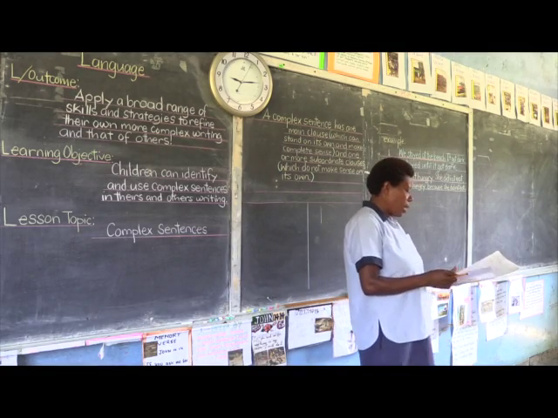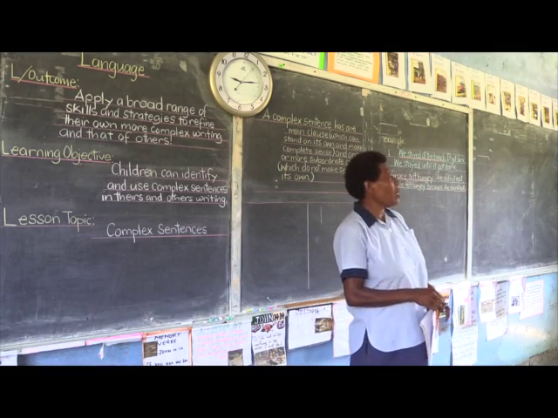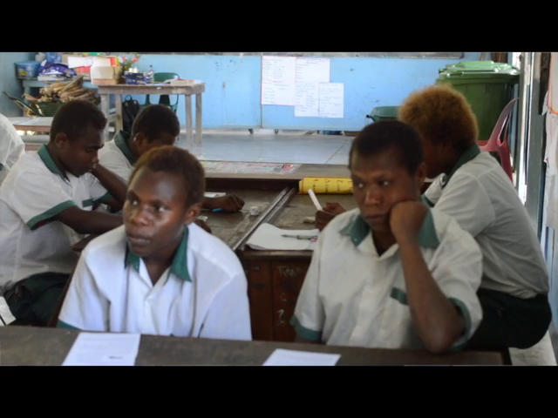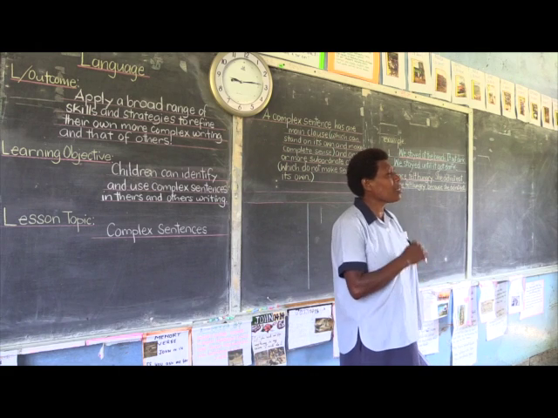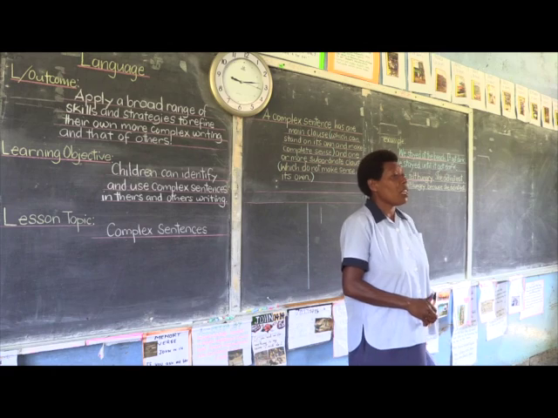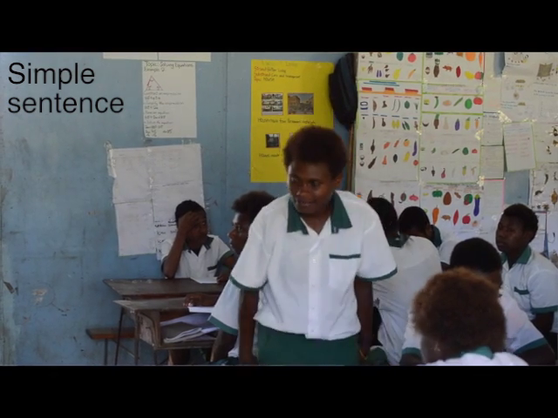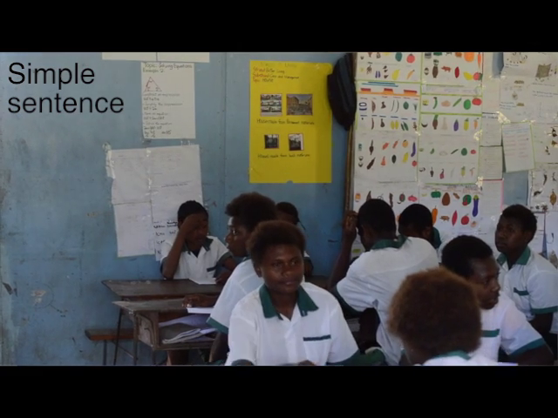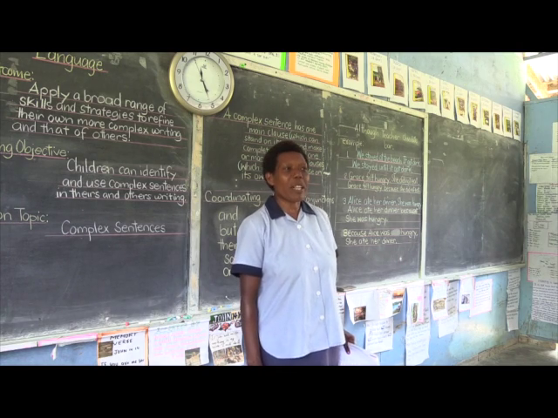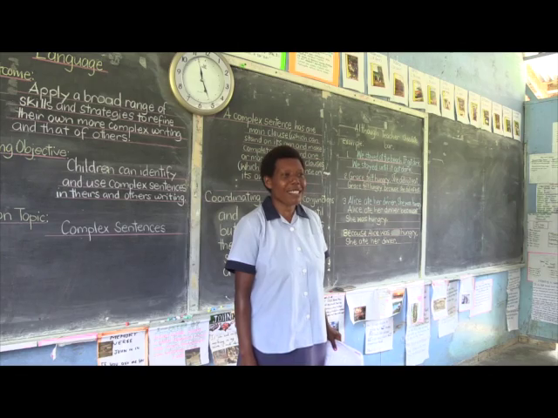Let's quickly go through the 3 types of sentences. Who can name me one type of sentence that you know of? Simple sentences. Very good. Can anyone tell me what is a simple sentence?